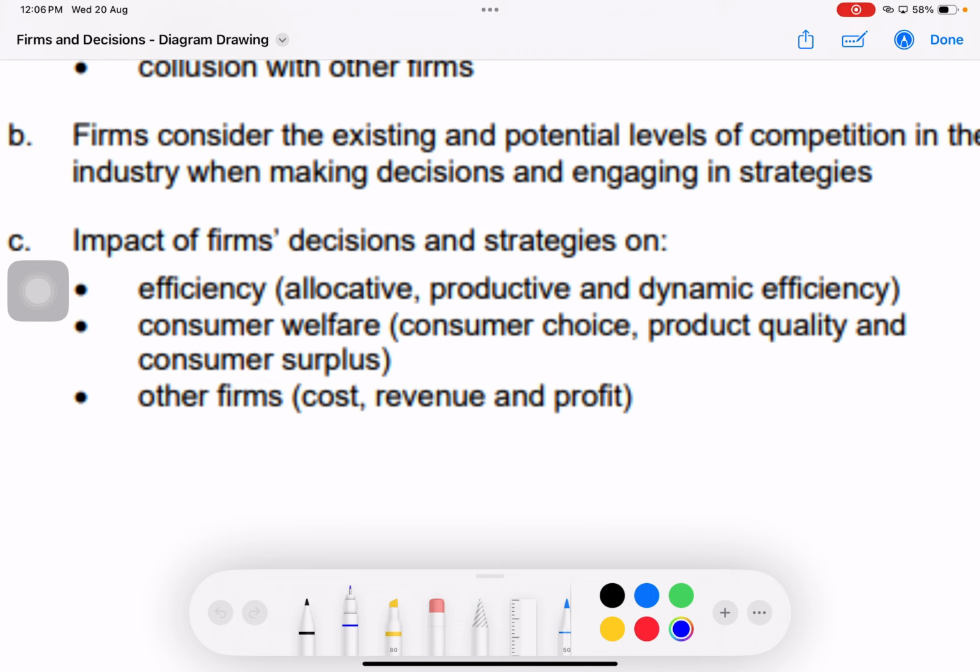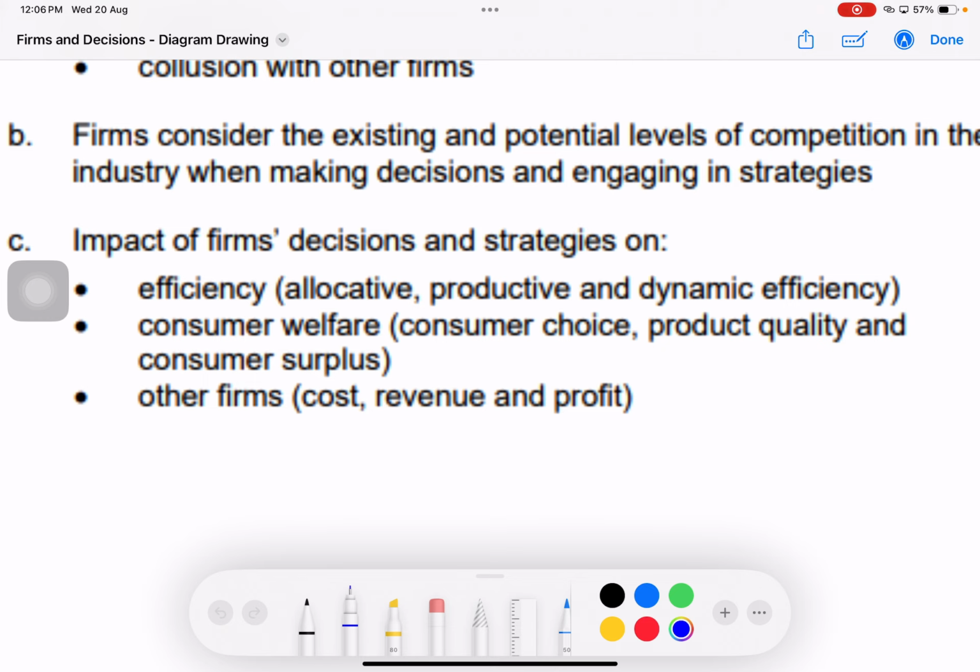You all remember this P-wise? My department remembers this as PIVCE. So the price, innovation, variety, consumer surplus, and efficiency. Okay, so similarly, this is an acronym now, but on the syllabus document it is noted in this way.